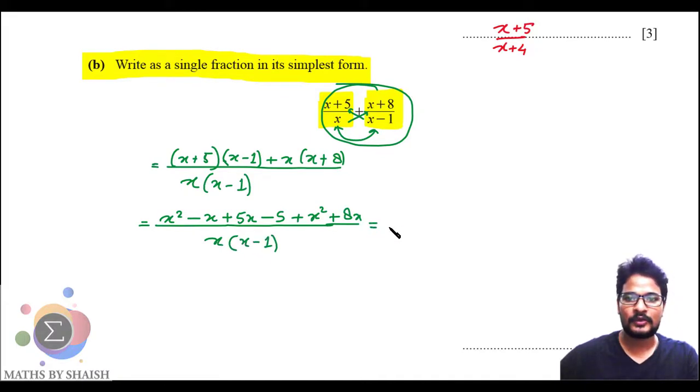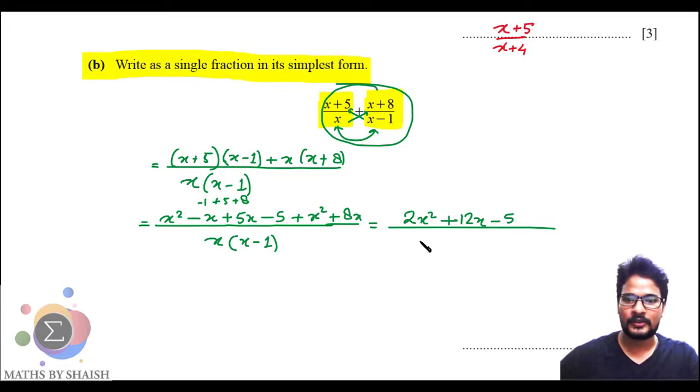Now in the numerator, x squared again, so it becomes 2x squared, minus x plus 5x, that is plus 4x, and plus 8x. So it's like minus 1 plus 5 plus 8. 8, 5 is 13, minus 1 is 12. So we are left with plus 12x, and here minus 5.